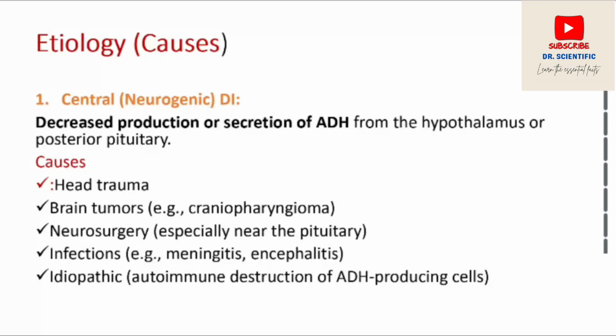So causes of central DI, we have things like head trauma, brain tumors, neurosurgery, infections, and idiopathic. You can read them individually so that you can relate how they cause decreased production of ADH. Because of time, let me move to the next slide.